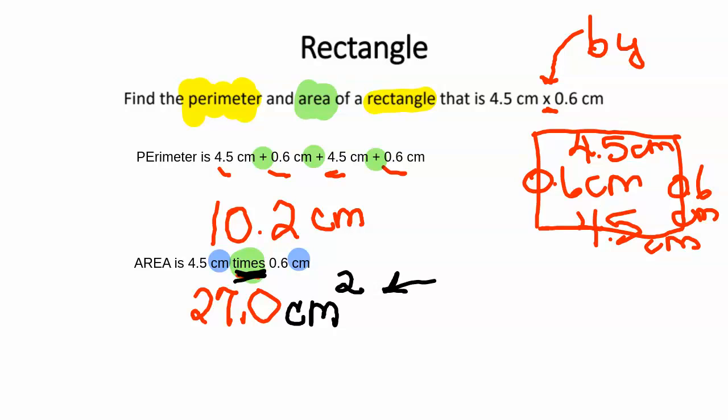If I multiply the numbers, I have to add the exponents. Well, remember, centimeters has a power of 1 in both places. How many centimeters do I have? That's where the 2 comes from. Okay.